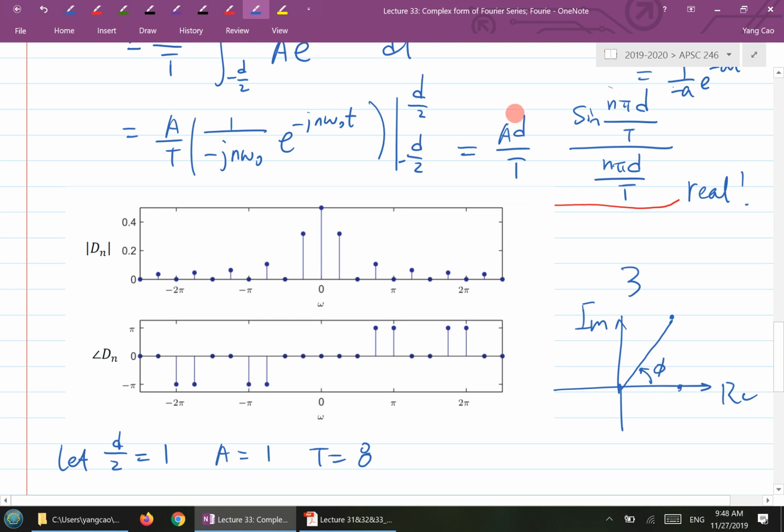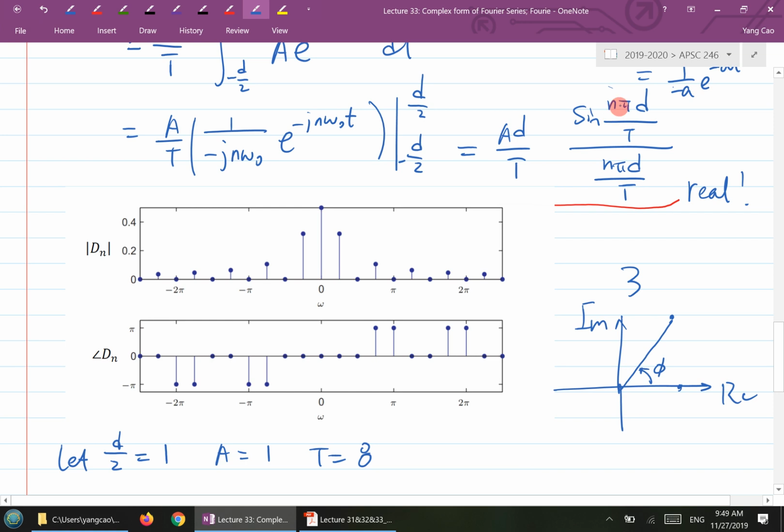Now for this calculated dn, if you plug in small d, capital A, capital T, the sign of this number is determined by what? By the sine. As the angle changes, the sine can be positive, can also be negative. So this number could be positive or negative, all depending on the value of the sine as n is changing.